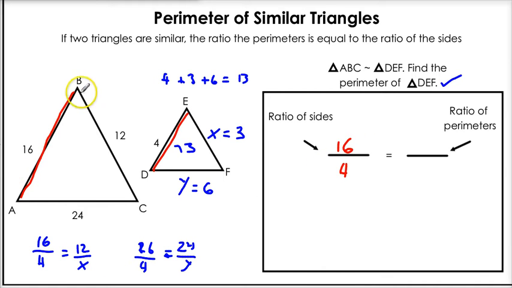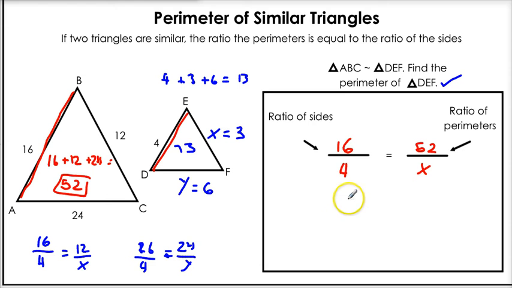So if I find the perimeter of our bigger triangle, where I know all the sides, 16 plus 12 plus 24, that's 36 plus 16, 52. That will be equal to the ratio of the perimeter of my bigger triangle to the smaller triangle. And since I'm looking for the perimeter of my smaller triangle, I could just put x.